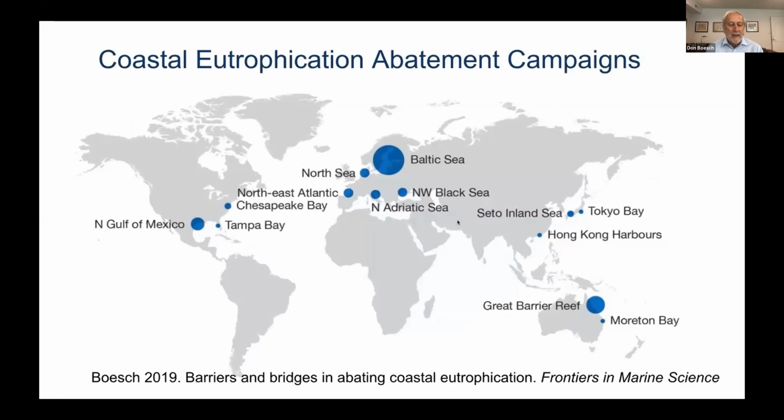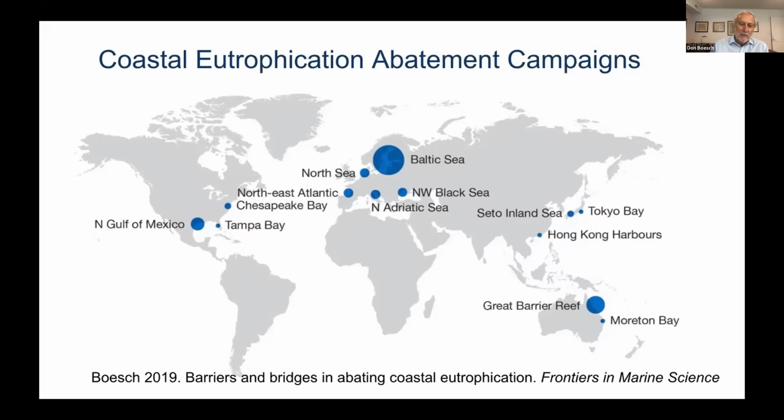So I completed last year an assessment on a global basis of the major areas around the world where large-scale coastal eutrophication is being tackled. I won't be able to address all of those here, but suffice it to say that I'm going to show you some examples from not only the Chesapeake Bay, but also Northwest Europe, the Baltic Sea and the North Sea, and then come back to the US and talk about the Gulf of Mexico and the Mississippi Basin.